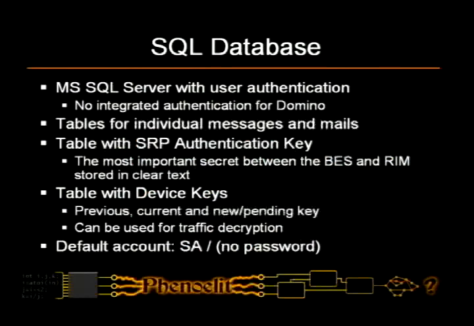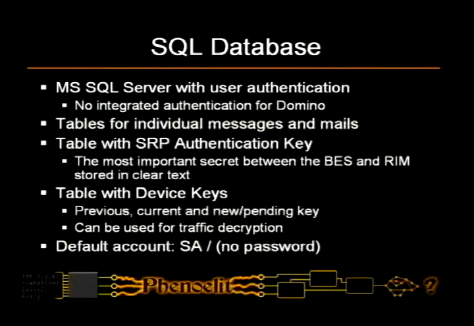The SQL database is interesting. It uses user authentication instead of integrated authentication in the case of a Lotus Domino connector. I don't actually know why, but for Exchange, they support integrated authentication. For Domino, there is user authentication, which is well known to be not as secure as integrated. There are tables for individual messages.